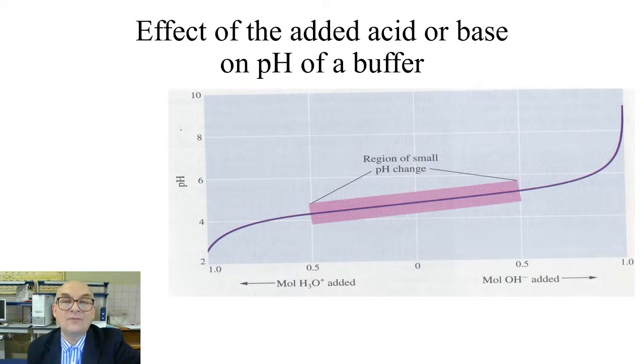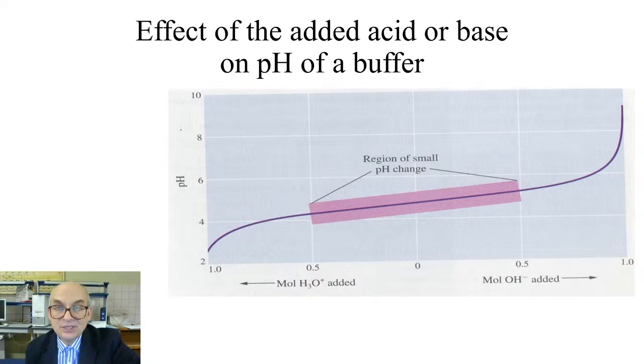It means a mixture of acetic acid and sodium acetate salt. In the center, the amount of the added acid or base is 0, and pH, according to the Henderson-Hasselbalch equation, is equal to the pKa. It means it is equal to 4.76.